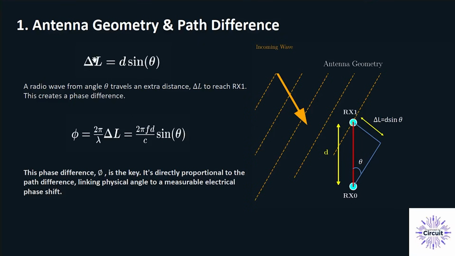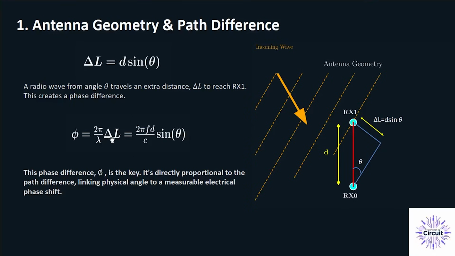How? Delta L, if we come down here, you can see that because of this delta L that the wave propagates, when it reaches RX1 and RX0, it will have a different phase. And this phase difference can be calculated simply by how much of the wavelength lambda this delta L is, because the wave phase changes by 2 pi as it travels a whole wavelength, its whole lambda.